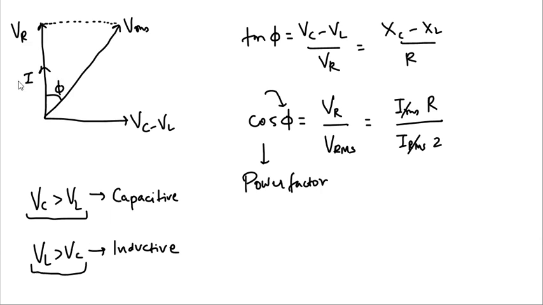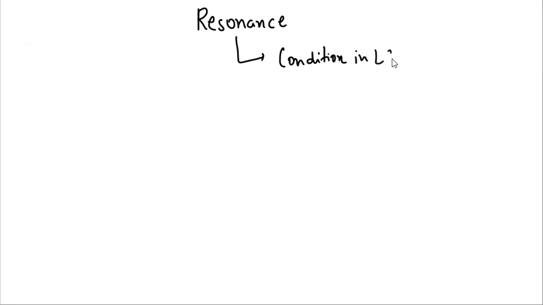Now let us discuss one important topic, that is resonance. Resonance is a condition in an LCR circuit when Z is minimum, so the impedance is minimum and current is maximum.